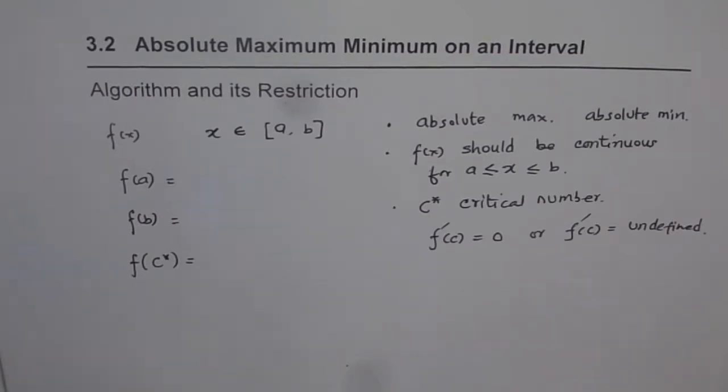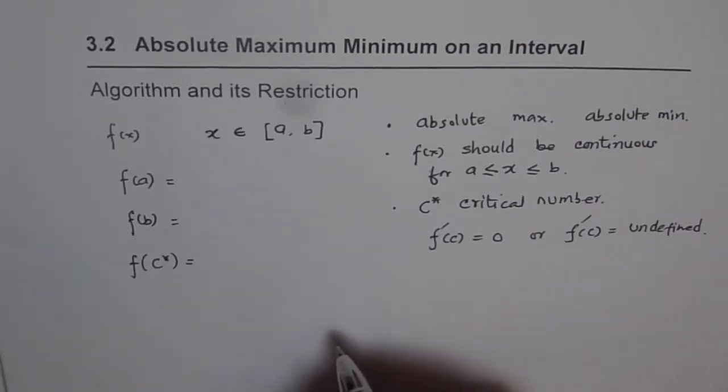So this is the base for the whole chapter. Now let me illustrate these things with a few examples, and then we'll take up more videos solving those examples, correct? So here the idea is to understand the algorithm first and how to approach or solve the questions based on absolute maximum or minimum, right?